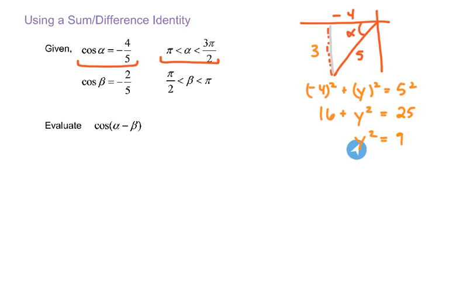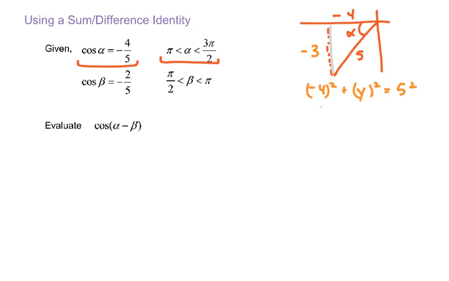Normally we measure a distance with a positive value, but because we're on the unit circle and traveling down into quadrant 3, we refer to this as negative 3.